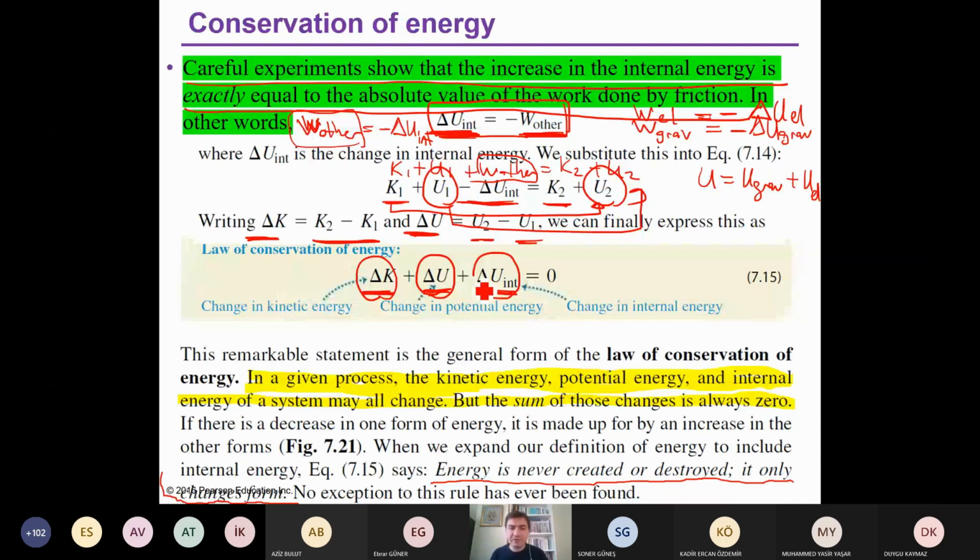Let's consider that there's a car here and it is moving along this type of path. This is the initial position of the car. This is the final position of the car.